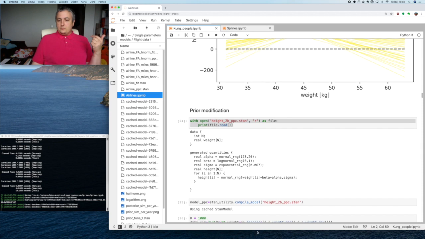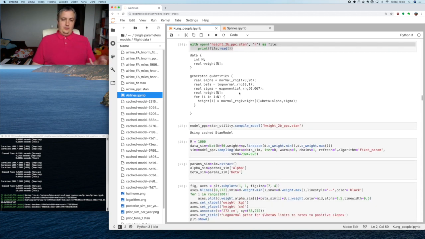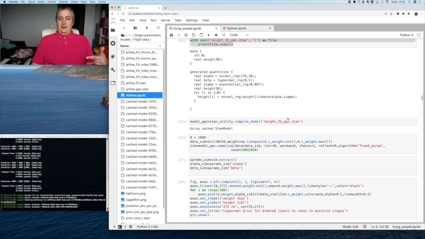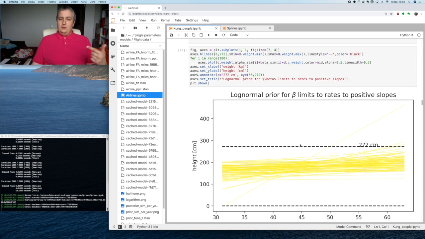And because of such change, we can again do the prior predictive simulation, this time with log normal distribution as a prior for beta. And as you can see, that change is much more sensible.